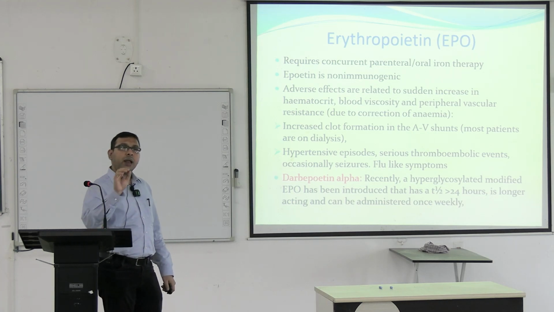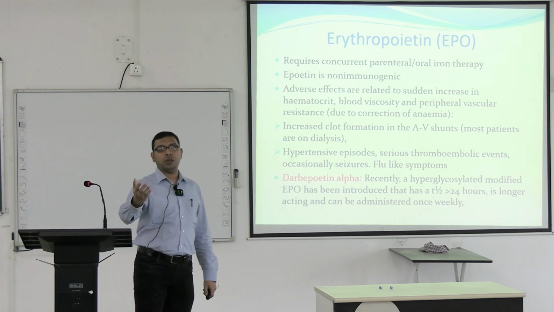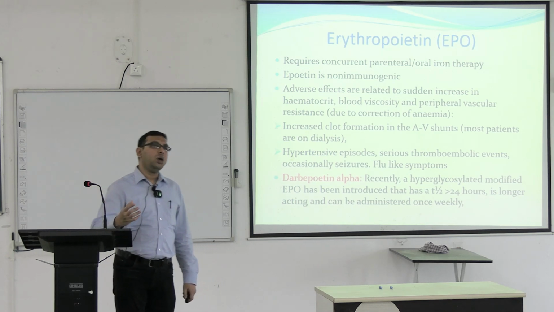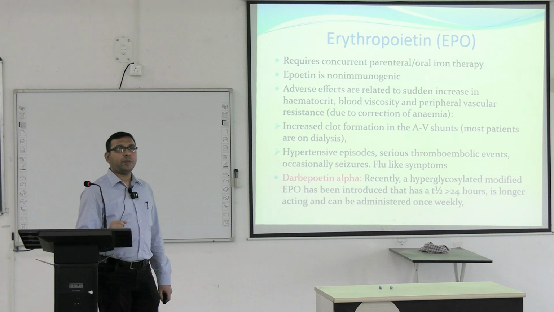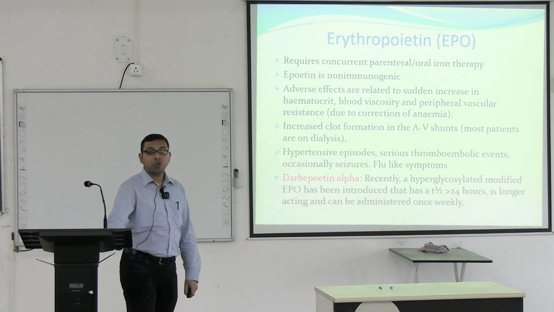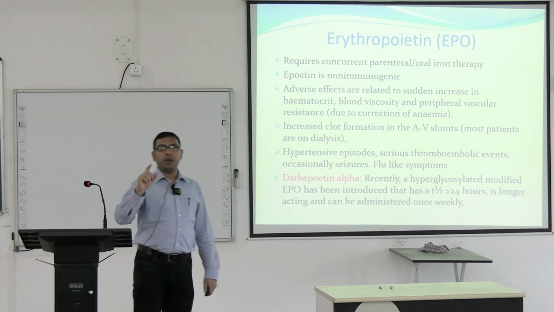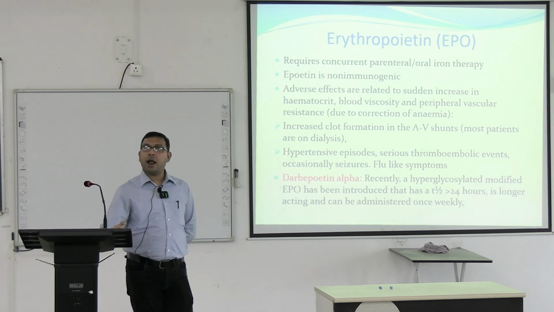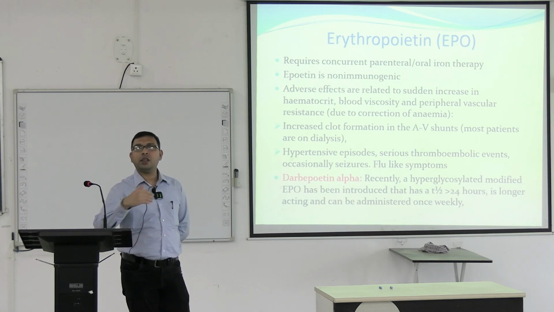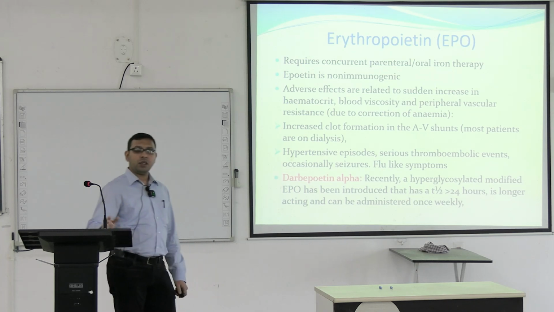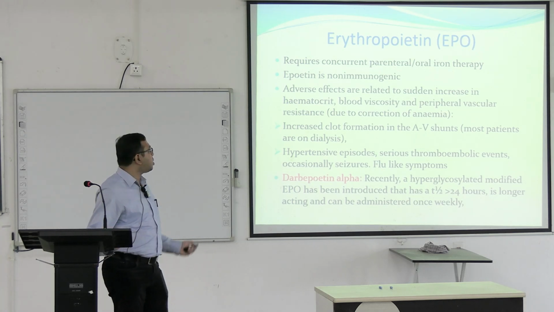When we are using erythropoietin, there will be rapid erythropoiesis, and when rapid erythropoiesis happens, there is always a need for iron. Usually in most cases oral iron is not sufficient, so parenteral iron is to be given. You can remember from the previous class that one of the indications of parenteral iron is with erythropoietin in chronic kidney disease.